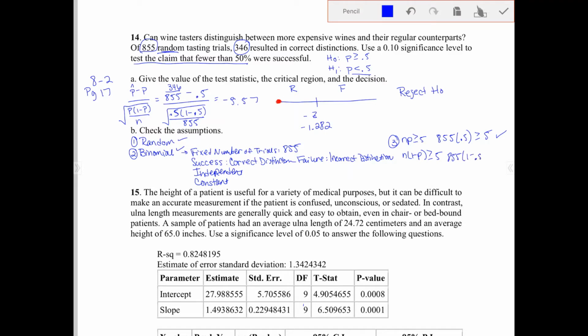That has to be greater than 5. Yes, that will be greater than 5. And then 855 times 1 minus 0.5, that's going to be like 420 something. So that's also greater than or equal to 5. So we're good on both of those.